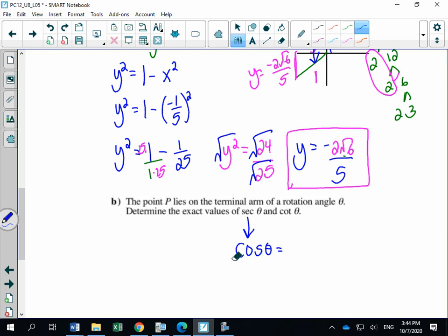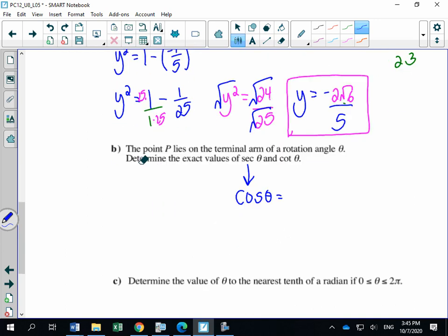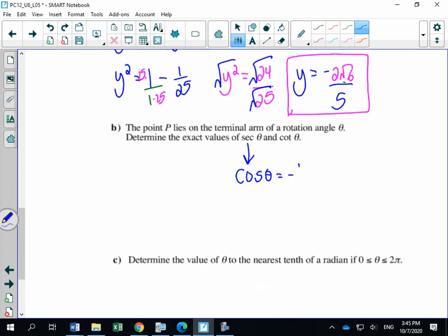Because it's on the unit circle, x over r would simply be my x coordinate. So the cosine of theta is negative 1 over 5. If you know what the cosine of theta is, we know what the secant of theta is because they are reciprocals of one another. So the reciprocal of negative 1/5 would simply be negative 5. So the secant of theta is negative 5.